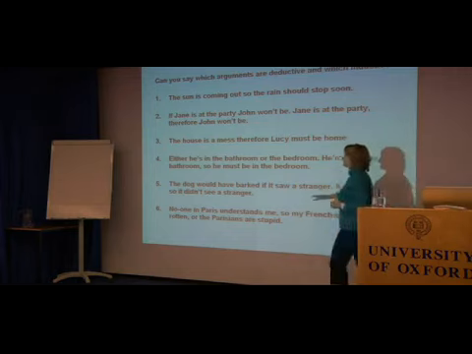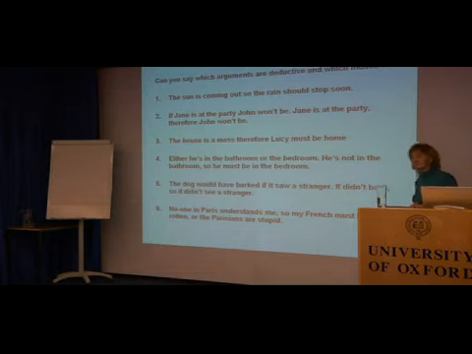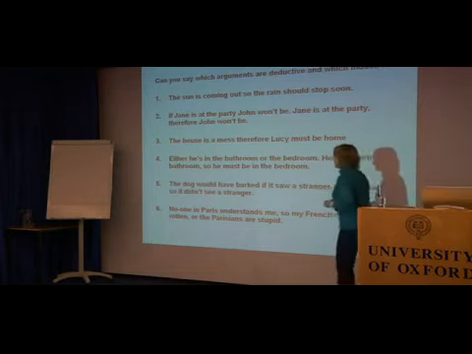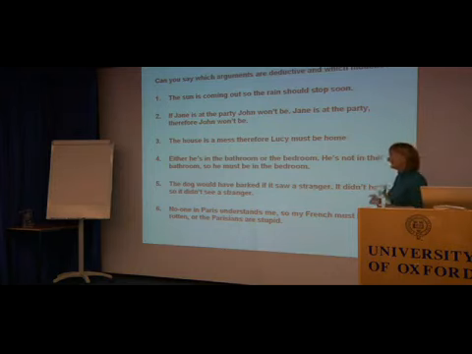Well done. Okay, the dog would have barked if it saw a stranger. It didn't bark, so it didn't see a stranger. Deductive, good. No one in Paris understands me, so my French must be rotten, or the Parisians are stupid. I got this from a book. Inductive. Okay, it's difficult, that one, but it is inductive, you're quite right, because what's the conclusion?